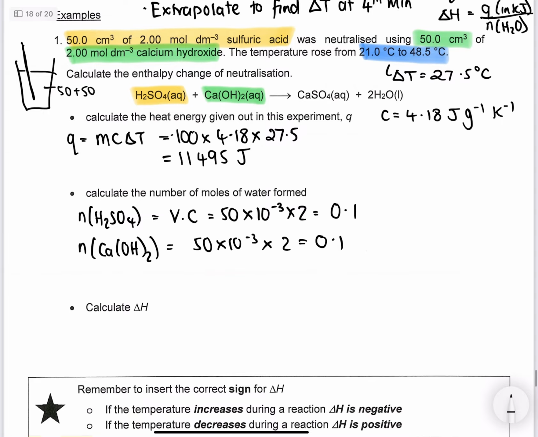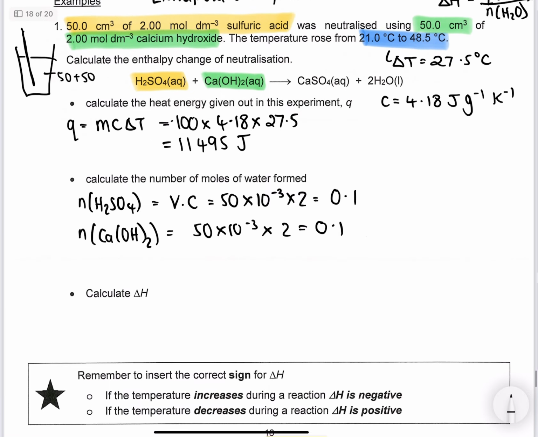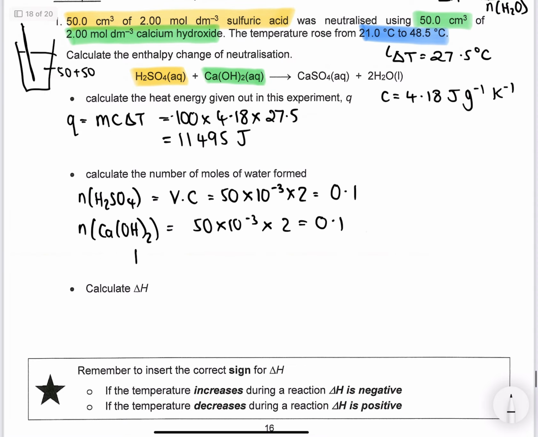If we look at our balanced equation, we've got H2SO4 and calcium hydroxide in the same proportions, which is great because neither is limiting or in excess, so we don't have to worry about that.